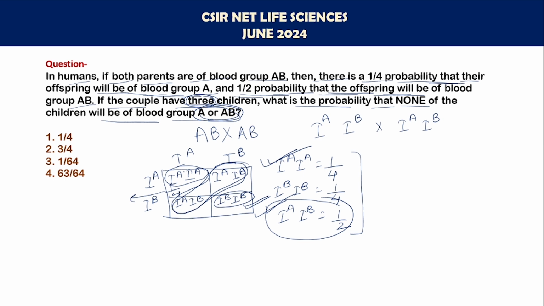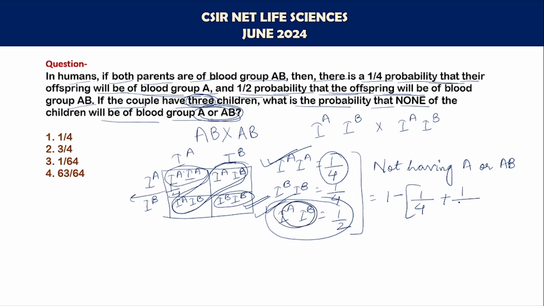So first of all, take out the probability which is not A and AB. How will you take it? Probability of not having A or AB. So what will be the probability? 1 minus, this is the probability of A, so 1 by 4, plus the probability of AB because they have asked for AB, so it will be 1 by 2.